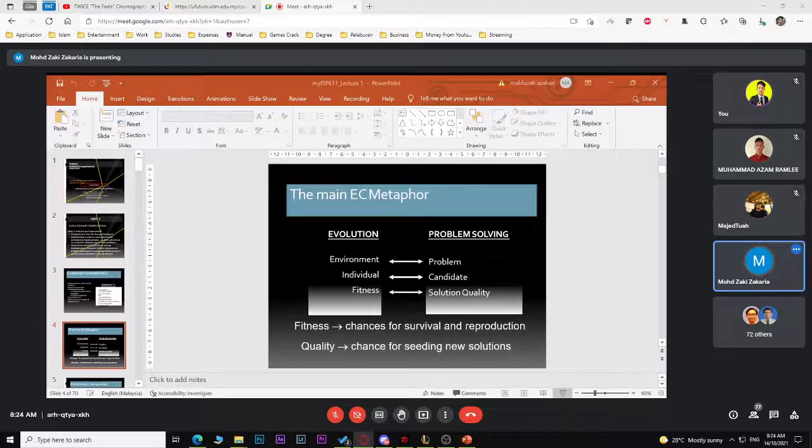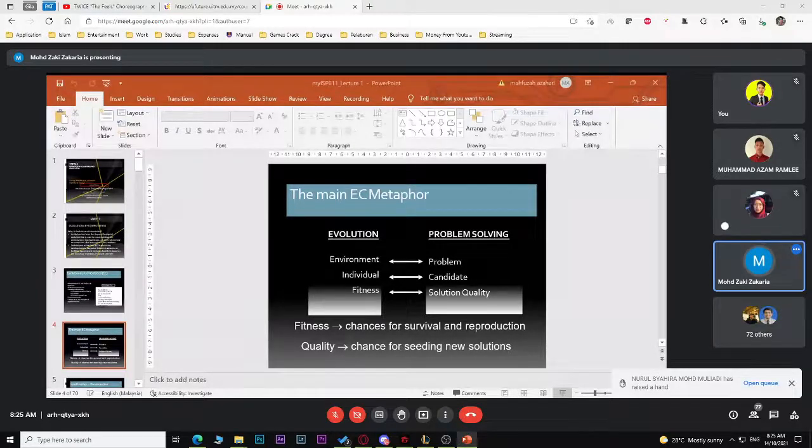And then this is the evolution. Okay, phenotype. What does phenotype mean?